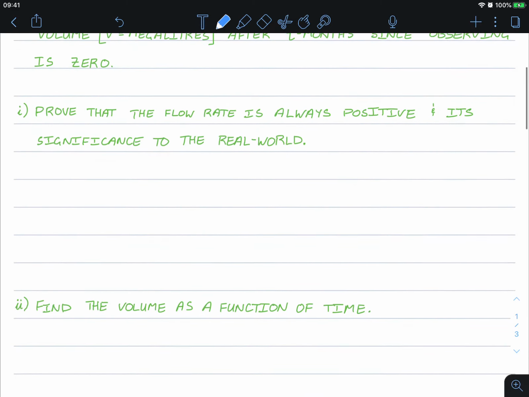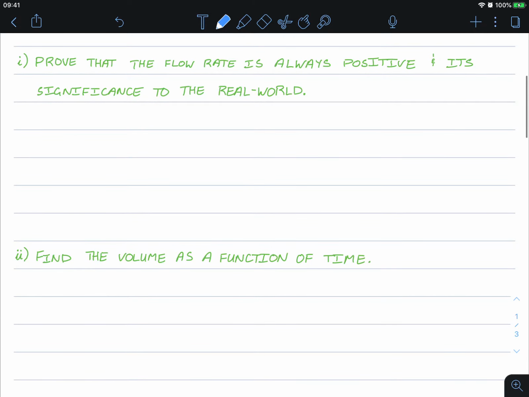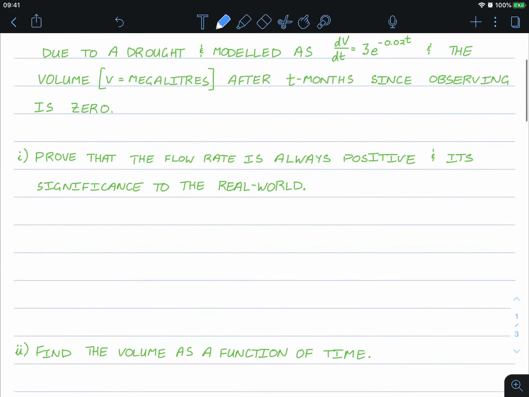Prove that the flow rate is always positive and its significance to the real world.